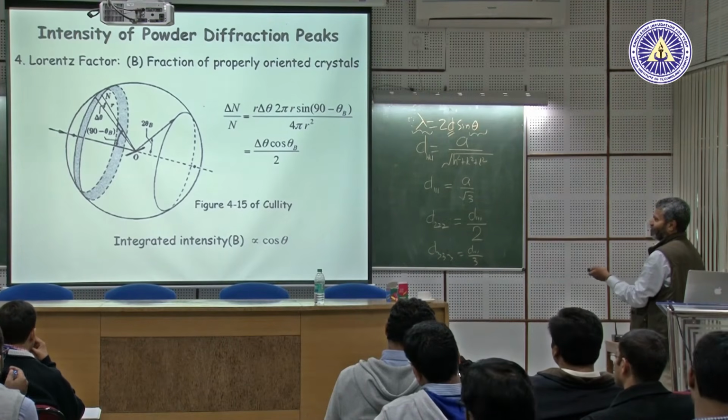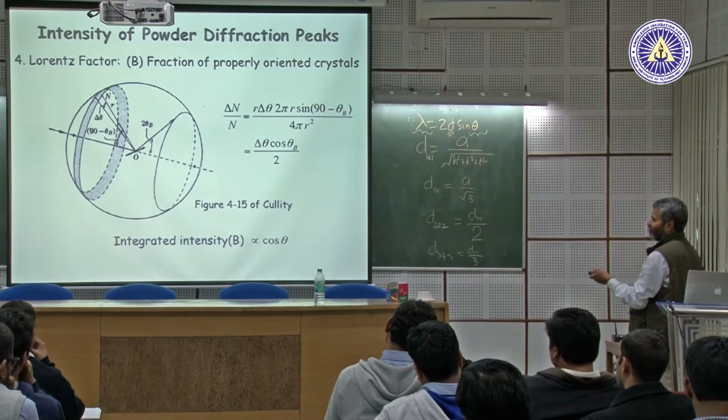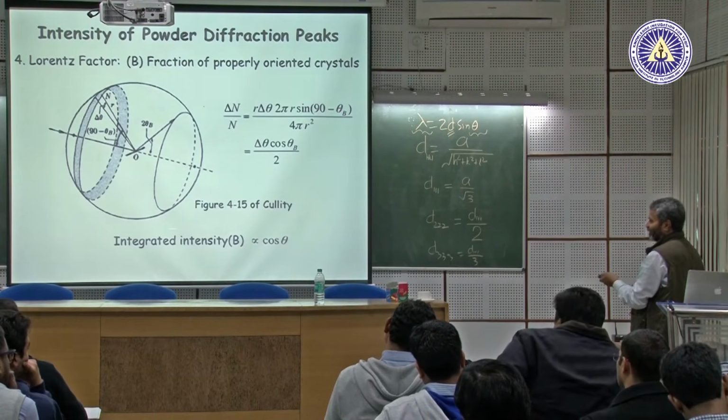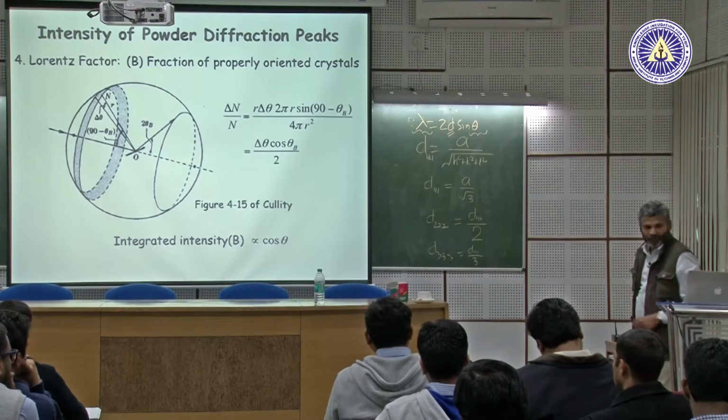Essentially we are trying to calculate what fraction of grains are oriented properly for any given theta, and that becomes a function of theta. So, the integrated intensity will also be a function of the same theta. So, that gives you a cos theta.